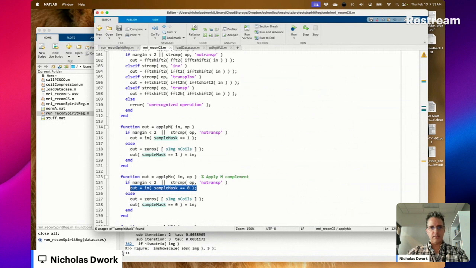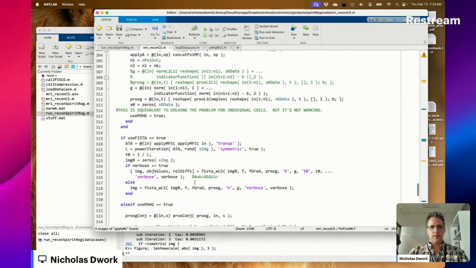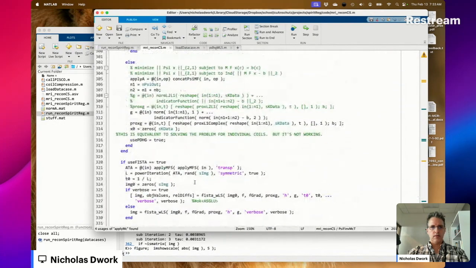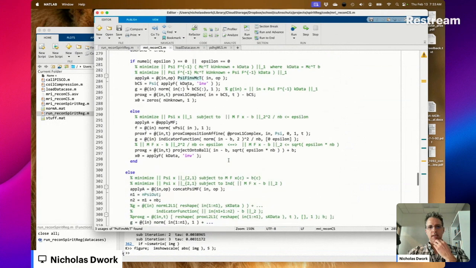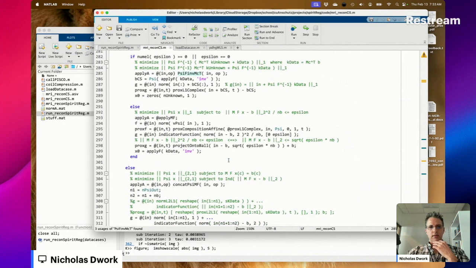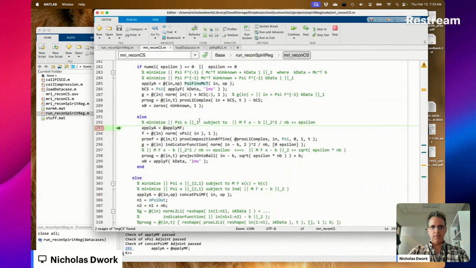See here, this is going to be empty. Where does that get used? It certainly gets used here. Let's see if it works with complete sampling when we pass in an epsilon.